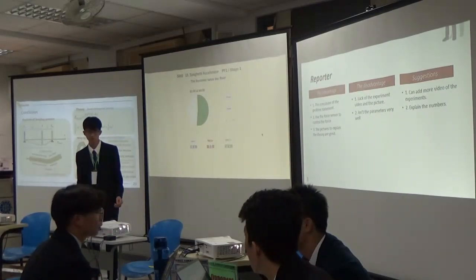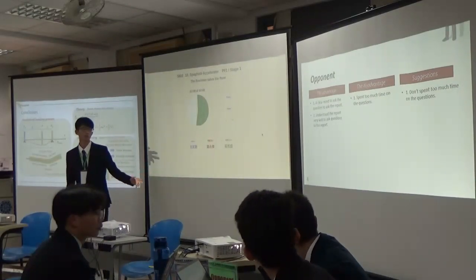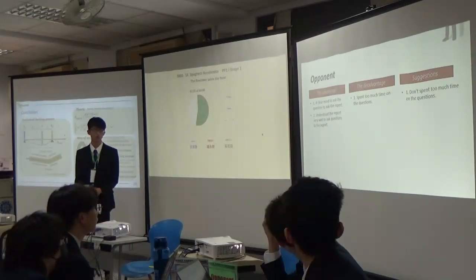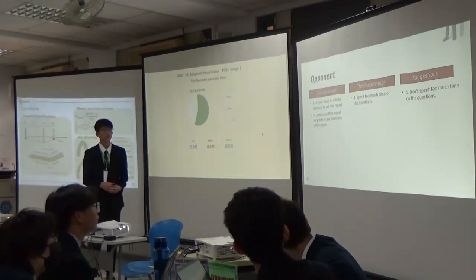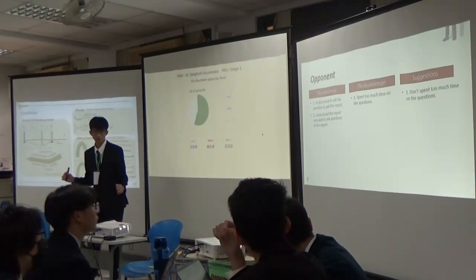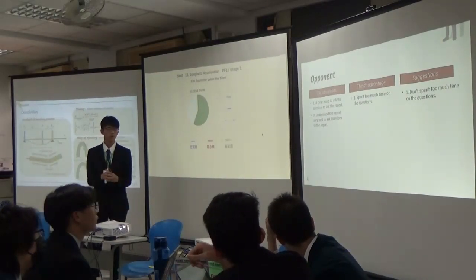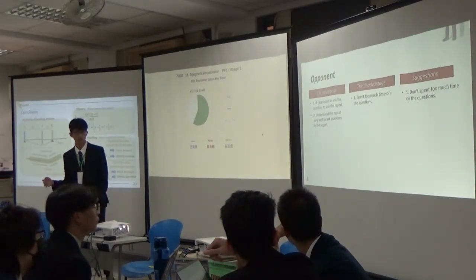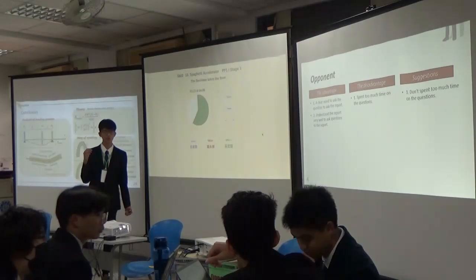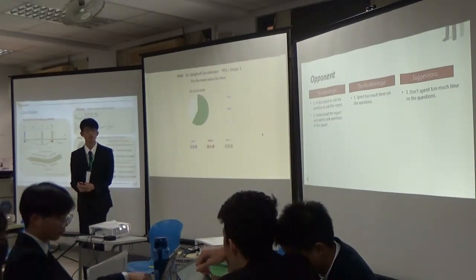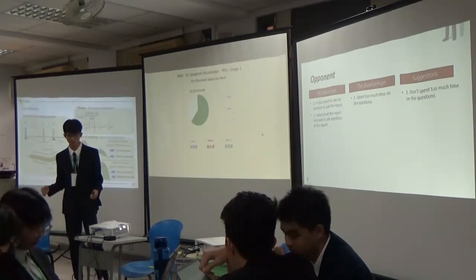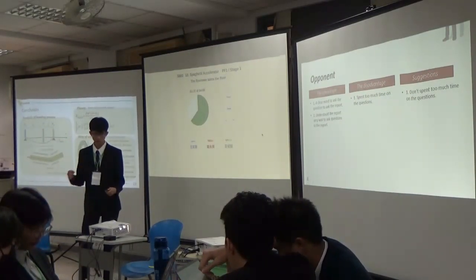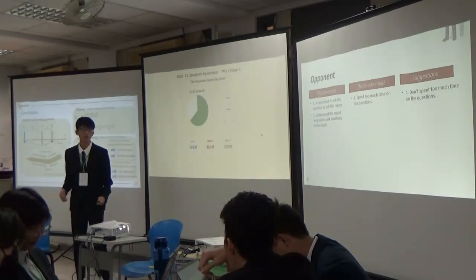Next we talk about the opponent. He has a clear mind to ask the reporter questions and understands the report very well, so he can ask great questions. But he spends too much time on single questions, which wastes time in the discussion.